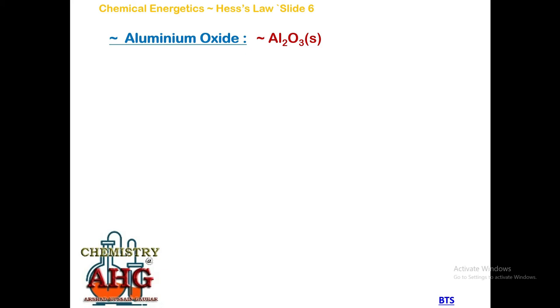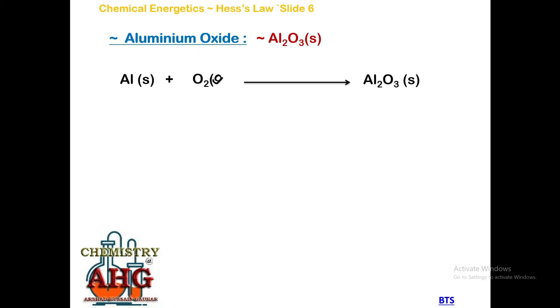Now, first of all, as I told you, whenever you are asked to write down thermochemical equations, first of all, you must write down the direct path. You must identify which elements we should combine to produce aluminum oxide. Aluminum oxide can be produced by mixing aluminum metal and oxygen, a diatomic gas, non-metal.